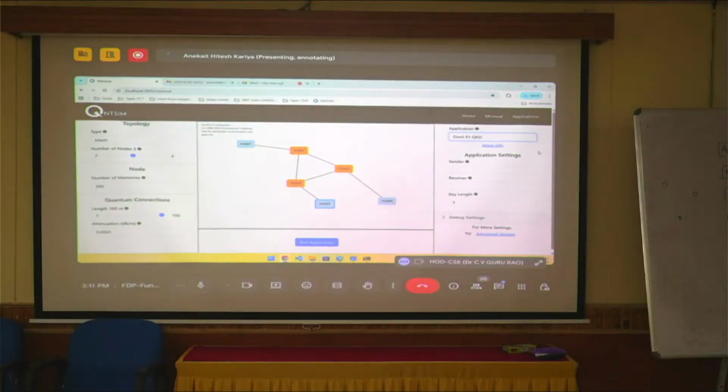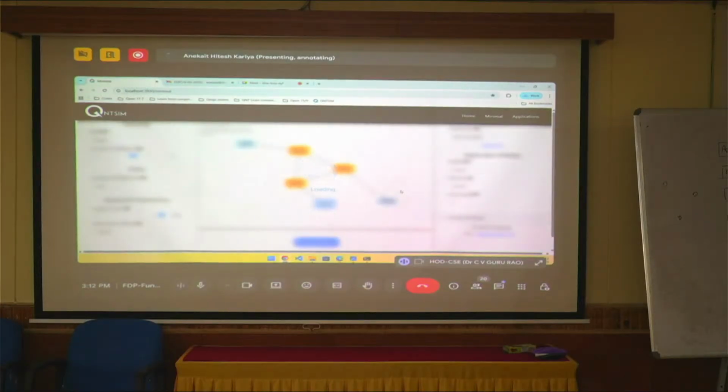Okay. So in this graph, let me just choose one sender and one receiver. Okay, and let's say key length of 5. So I'll now just run this application.